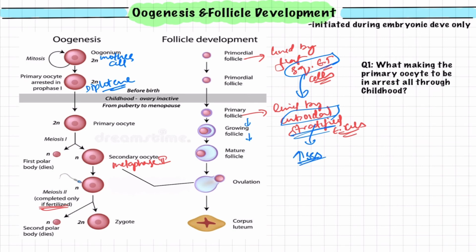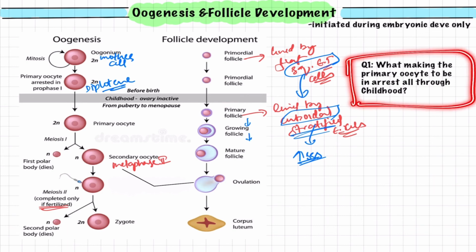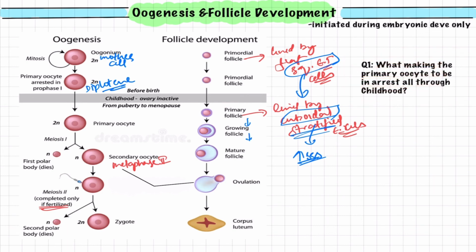After knowing all these things, the question that should arise in your minds as a critical thinker is: what is making the primary oocyte remain in a stage of arrest all through childhood? What is the substance behind that?